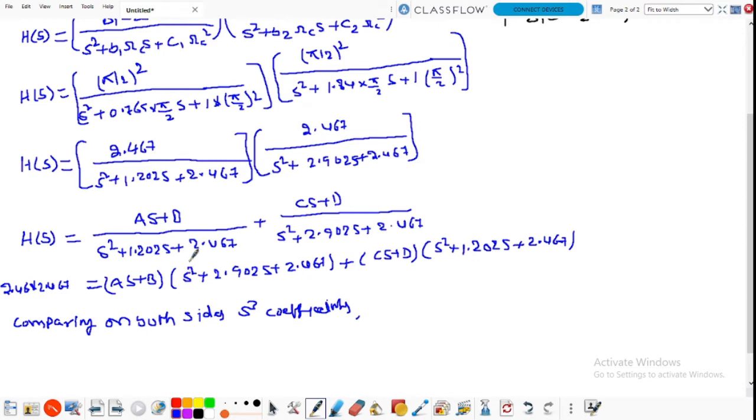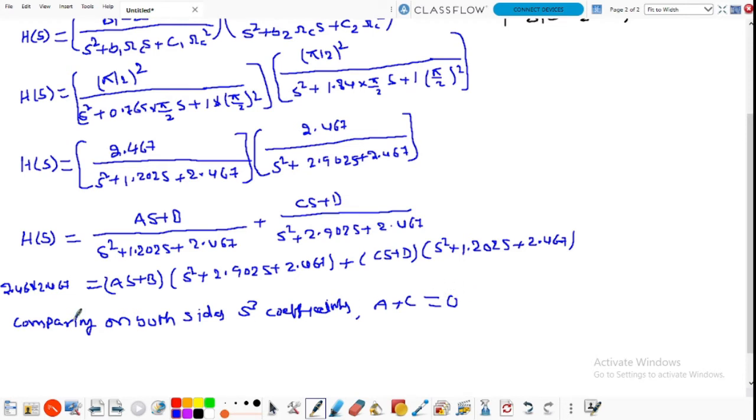On RHS side, the S cube coefficient is A, and here the S cube coefficient is C. So A plus C equals 0.